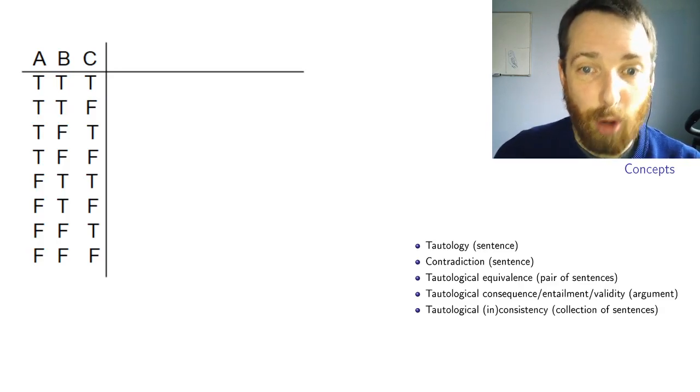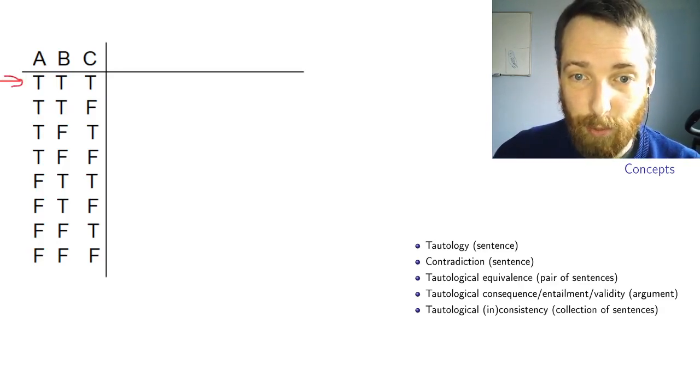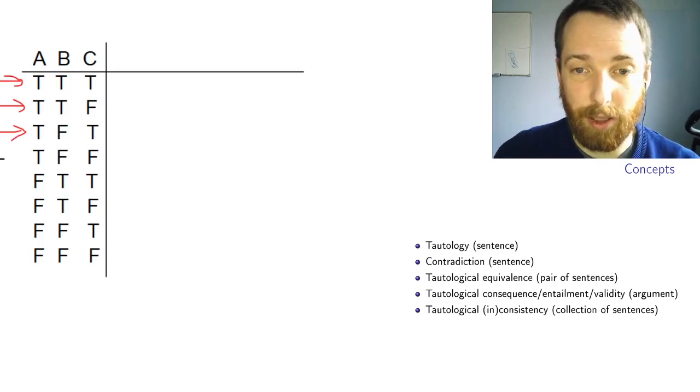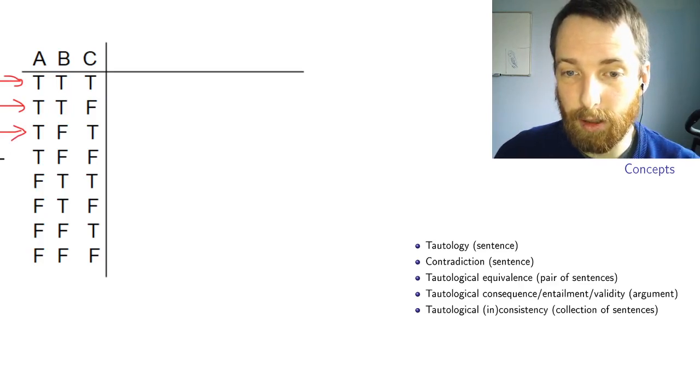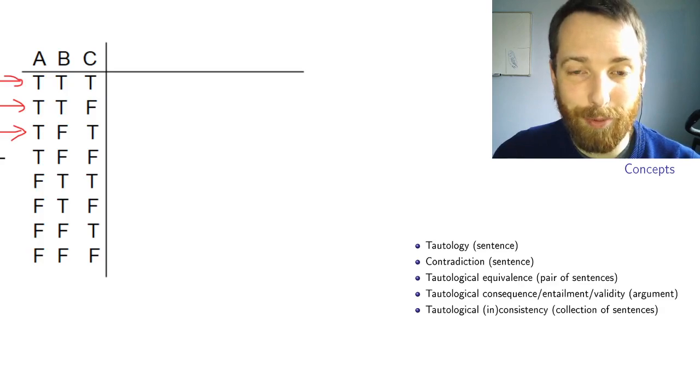I want you to think of these rows. The rows of the truth table are telling you about different ways the world could be, different possibilities, if you like. Okay. Here's the nice thing about truth functional logic.